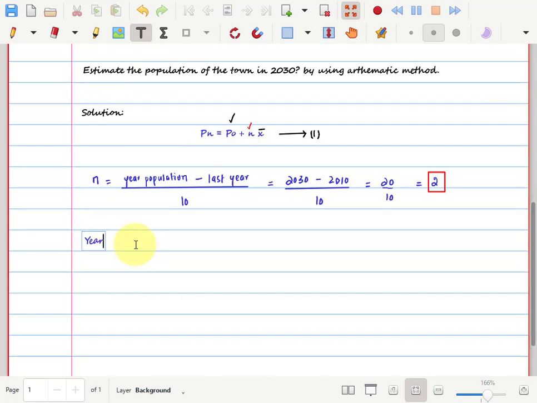Year is given to us, and the second thing given to us is population, and then here we will find x bar.